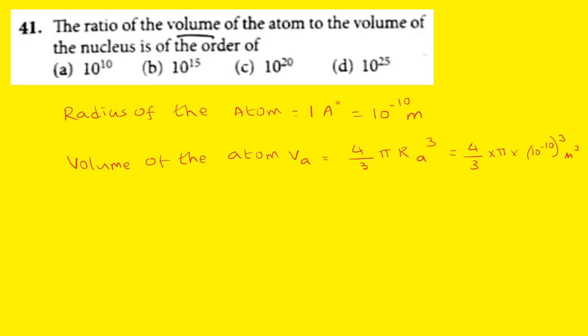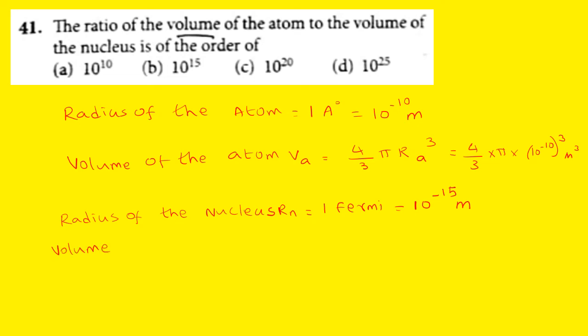This is for the volume of the atom. Now next one is the volume of the nucleus. So you should know the radius of the nucleus, children. As I told you again, you take in your note what are the things you have to memorize. So radius of the nucleus Rn is 1 Fermi. 1 Fermi is again 10 power minus 15 meter.